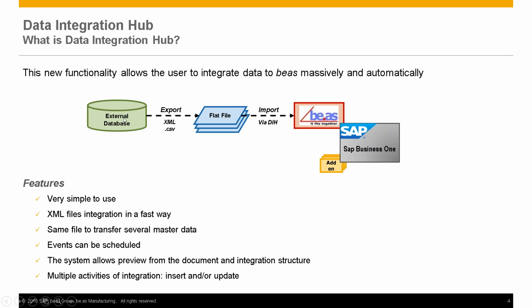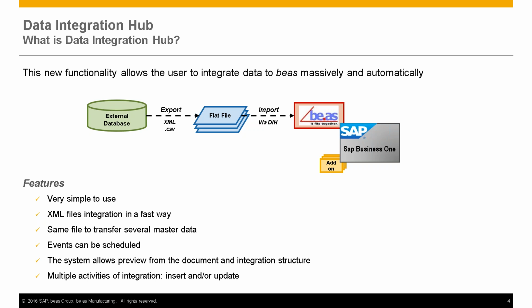Then we export that information, okay, and we convert it into an XML format or a flat file. And then we import this information via the Data Integration Hub to beas and SAP, depending on the data that we are going to include. This information will go through SAP tables or beas tables.